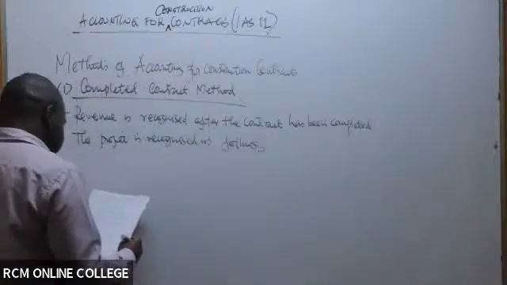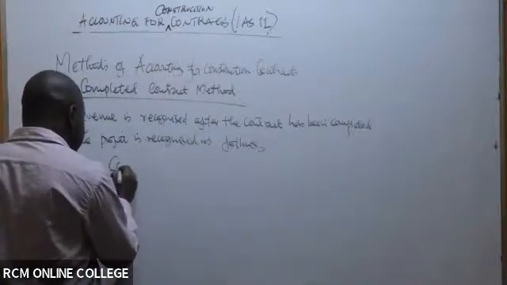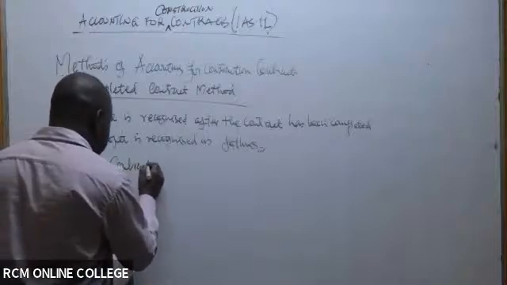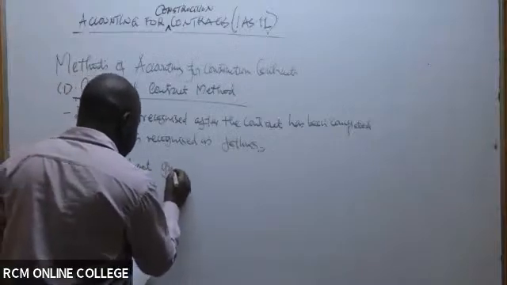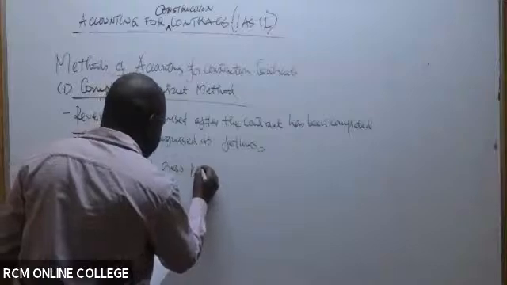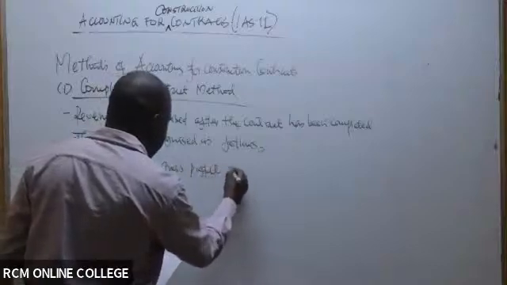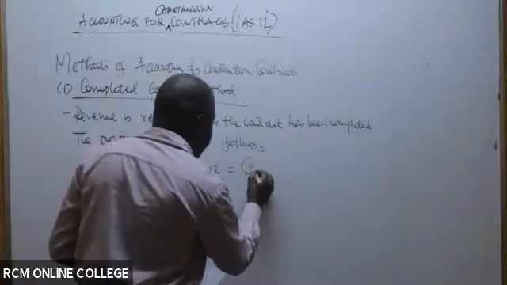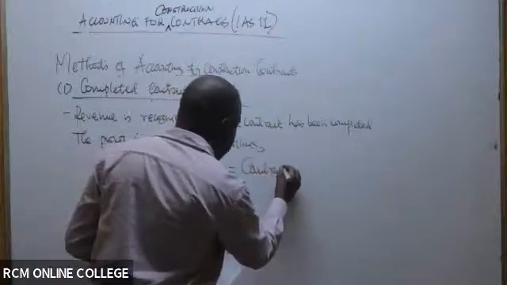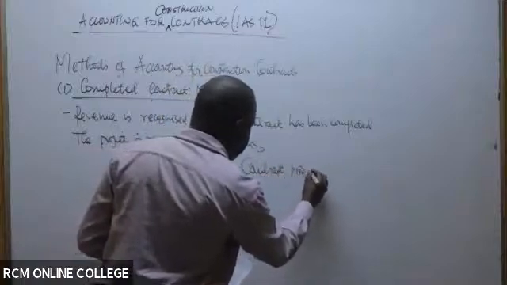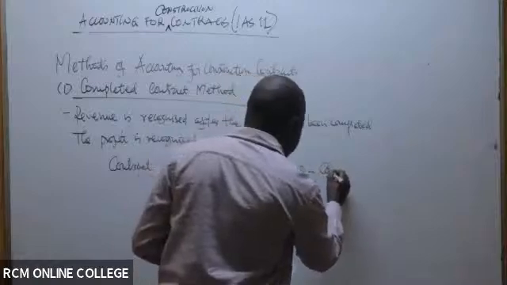So the profit here, the contract gross profit, is normally determined, it will be equal to the contract price, you minus the contract costs.